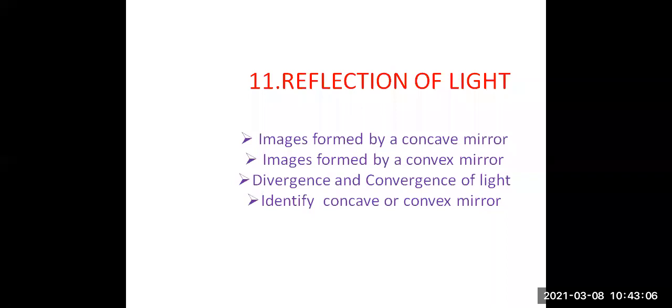Then we are going to have a look at how images are formed by a convex mirror. Then we are going to study the important topic, which is divergence and convergence, which helps us to identify whether a mirror is a concave mirror or a convex mirror. So let's start.